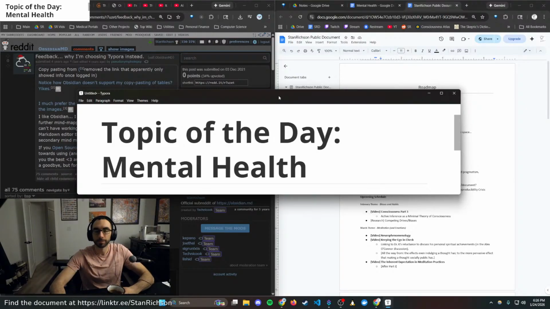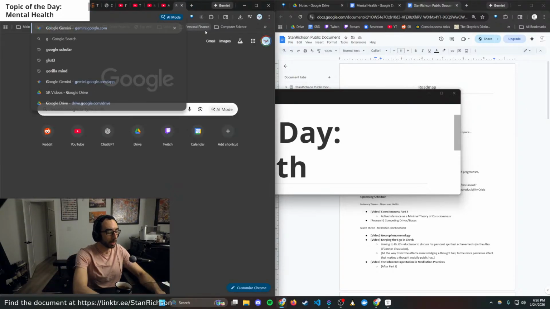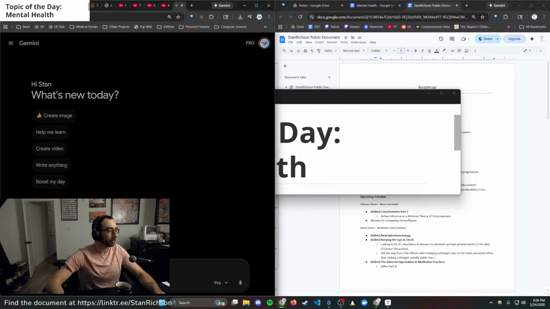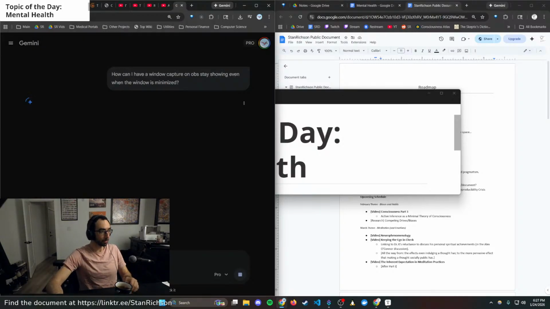I'm gonna have to Gemini this one. How can I have a window capture on OBS stay showing even when the window is minimized? If it's possible. I could have sworn that we used to do that with the notepad, but I could be wrong.